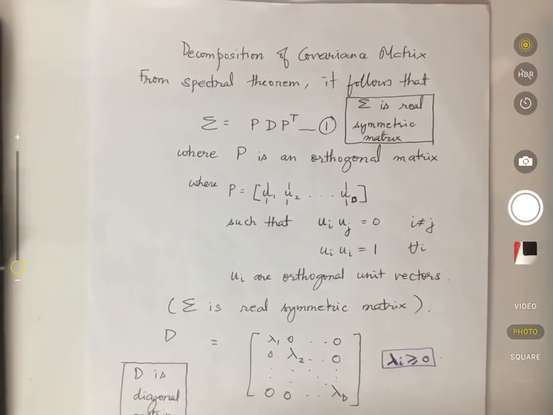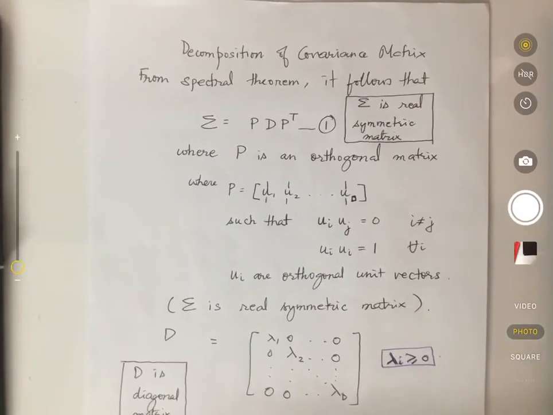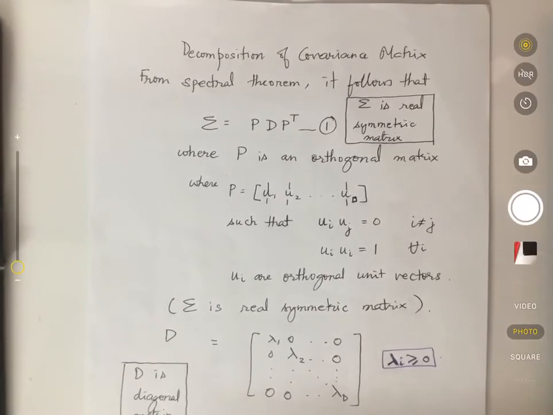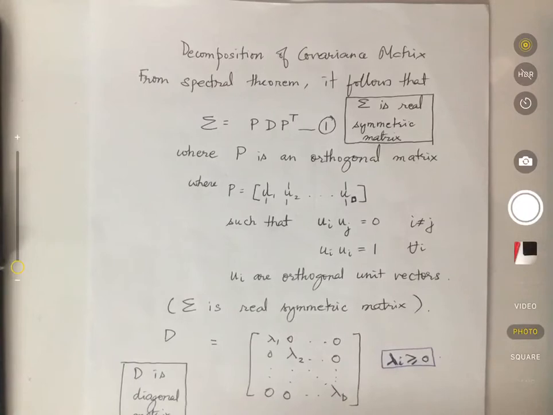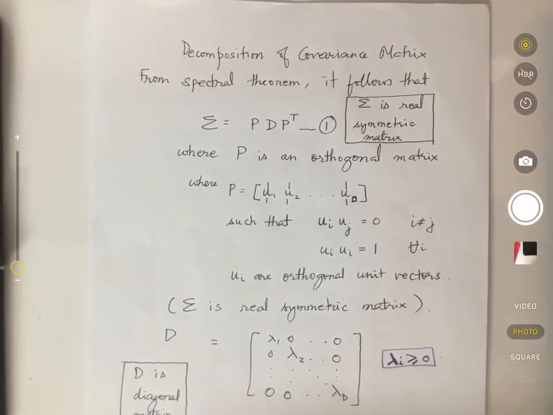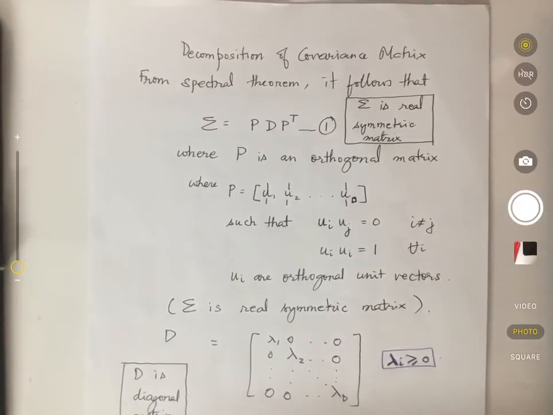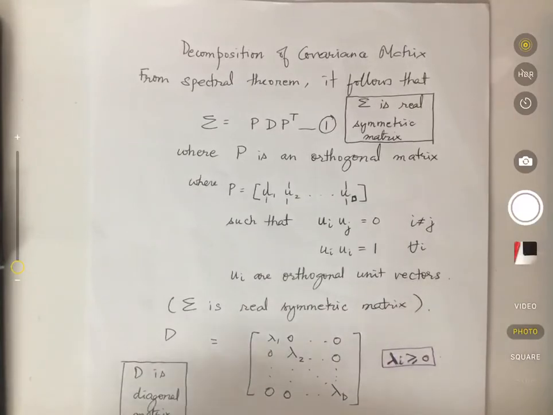can be decomposed into three components: P, D and P transpose. So let's take a look at what these three are.